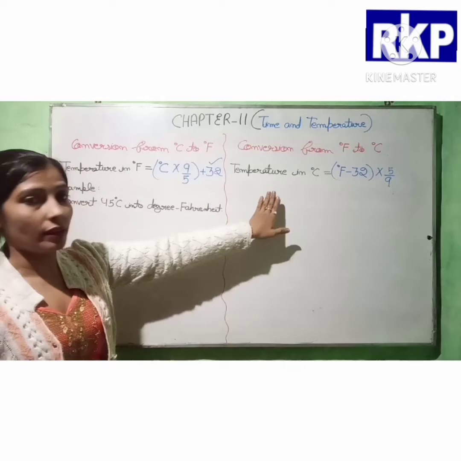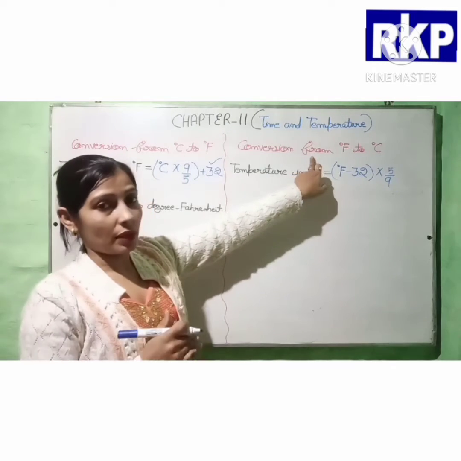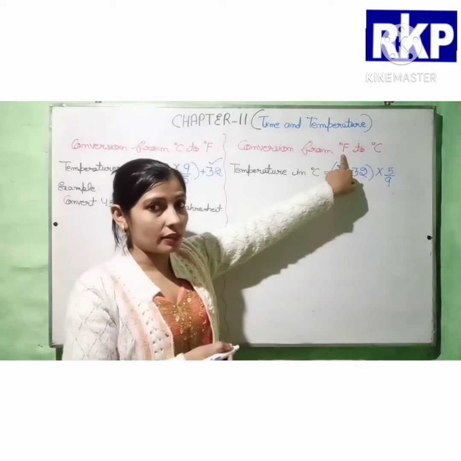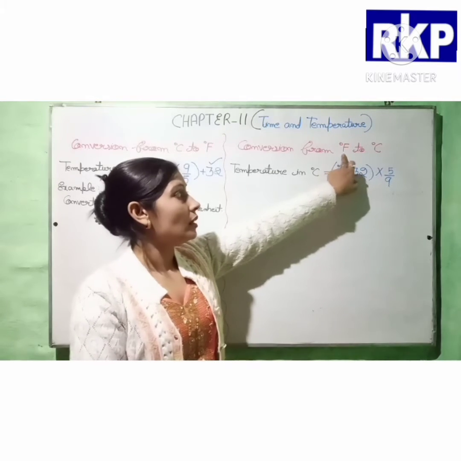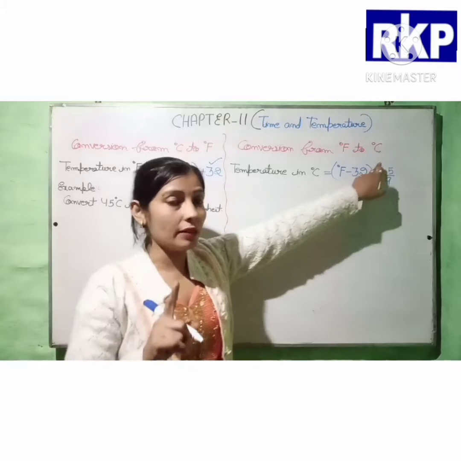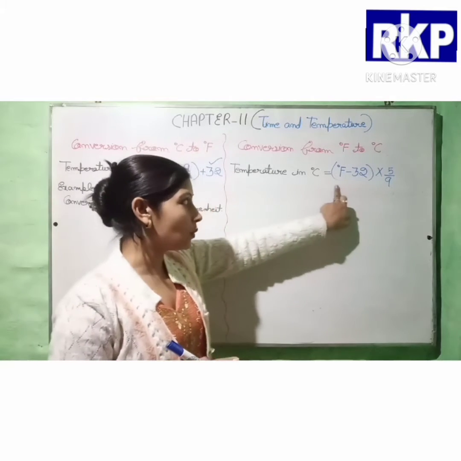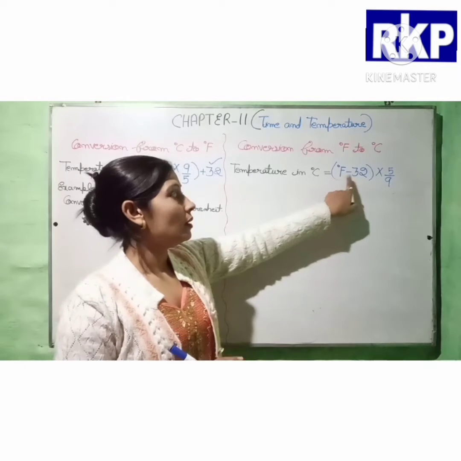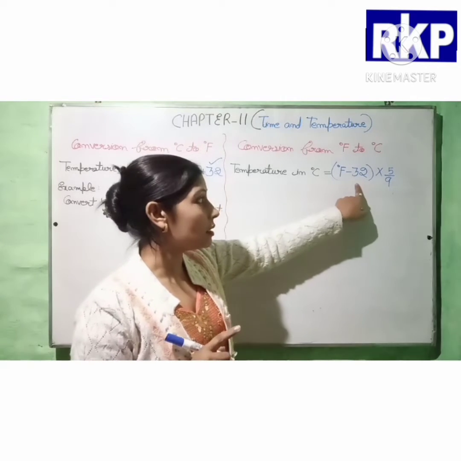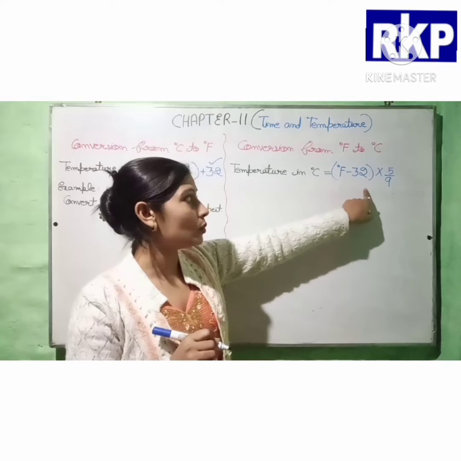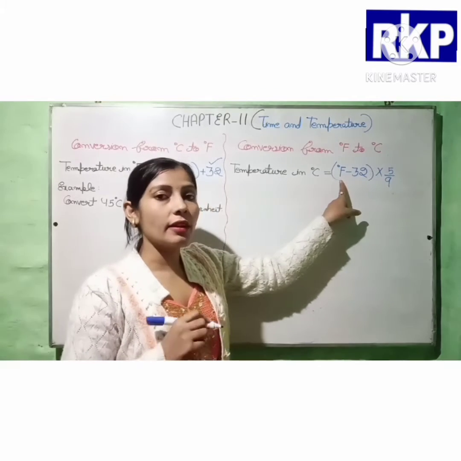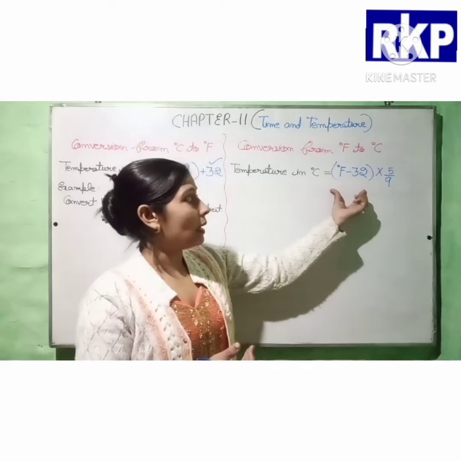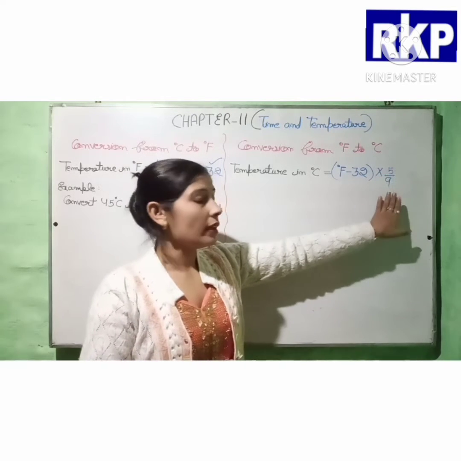And when we convert the temperature from degree Fahrenheit to degree Celsius, then we have to use this formula. First we have to subtract 32 from the given temperature and then we have to multiply it with 5/9.